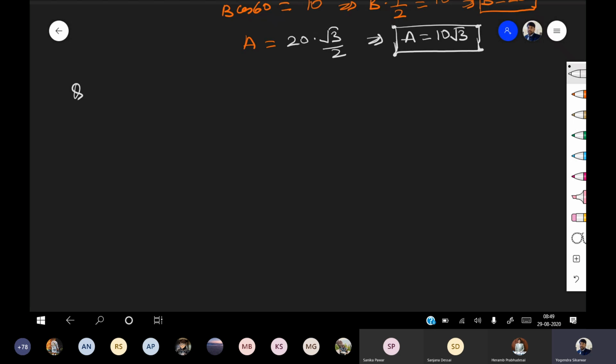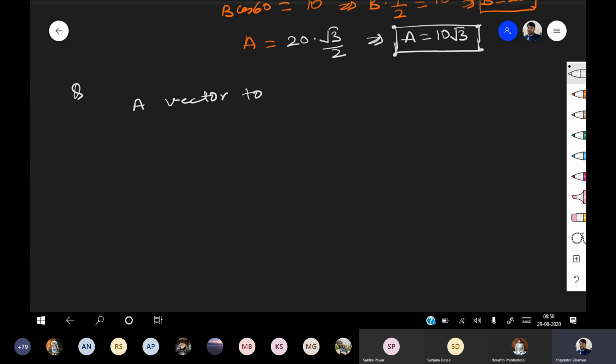I told you if you want to find a vector which is perpendicular to two vectors, then you can find it along a cross b. So what you need to find is a cross b, and then your actual required vector will be along that. So let us find a cross b.